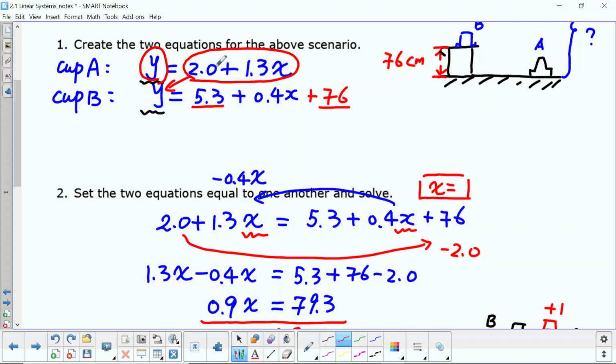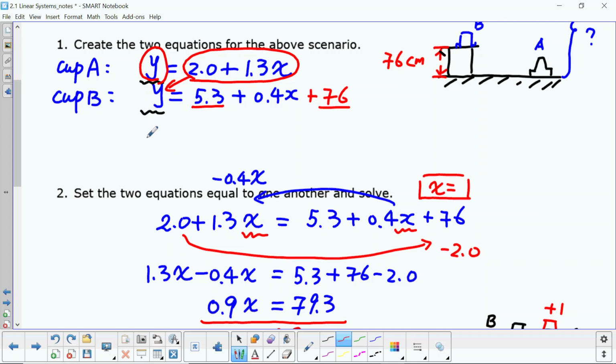We replace this y with this 2.0 plus 1.3x. Then you are getting rid of one variable. In one equation, if you have two variables, we don't know how to solve it. So we need to get rid of one variable. Then in one equation, we have only one variable left instead of x and y. We call these two variables. So we have only one letter left, then we can solve it.